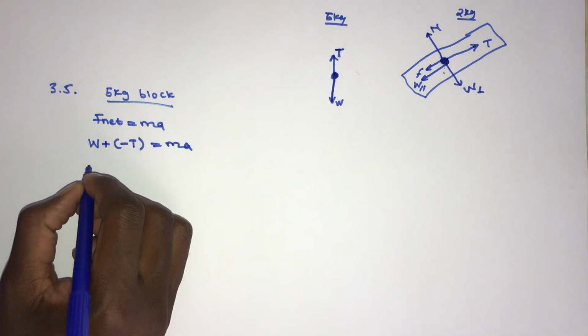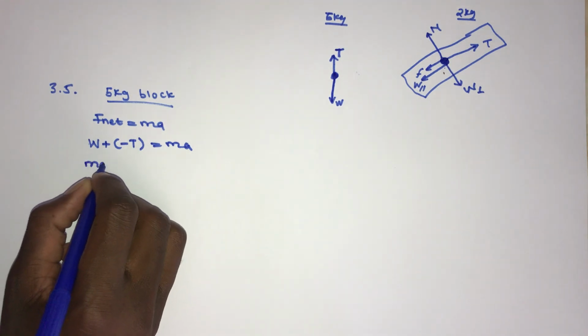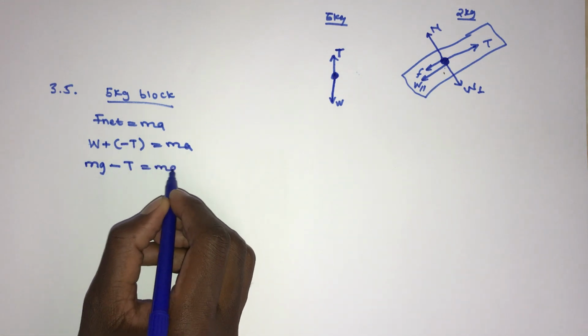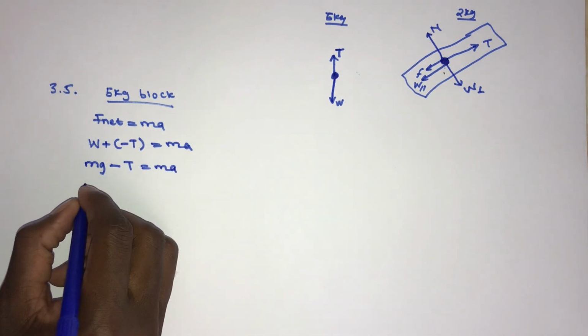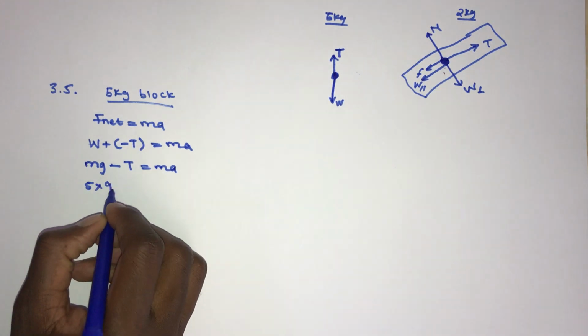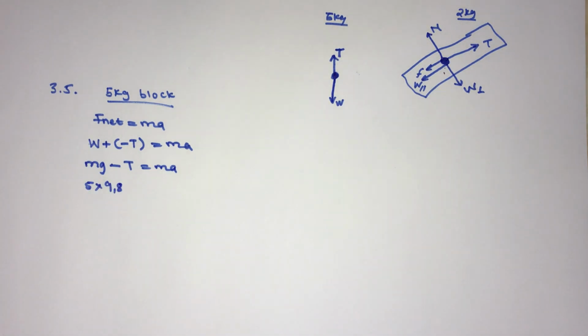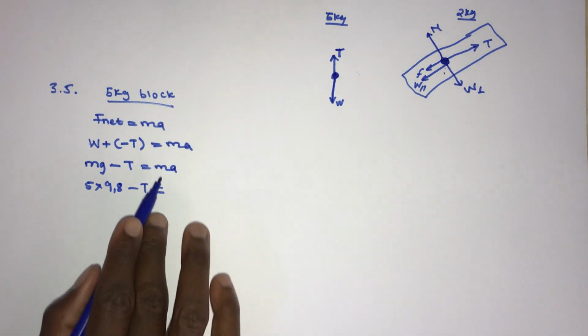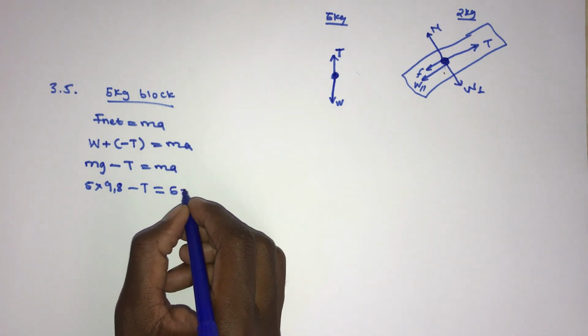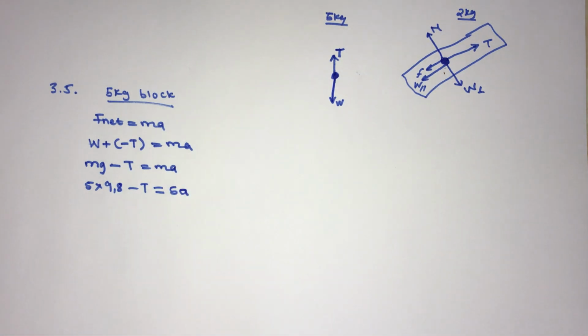Now weight, which is mg, minus the tension is equals to ma. Then what is m? M is the mass of the object, which is 5, times 9.8, acceleration due to gravity, minus tension is equals to m, mass of the object, which is 5, times acceleration a, because we're calculating for the acceleration, we don't know the acceleration.